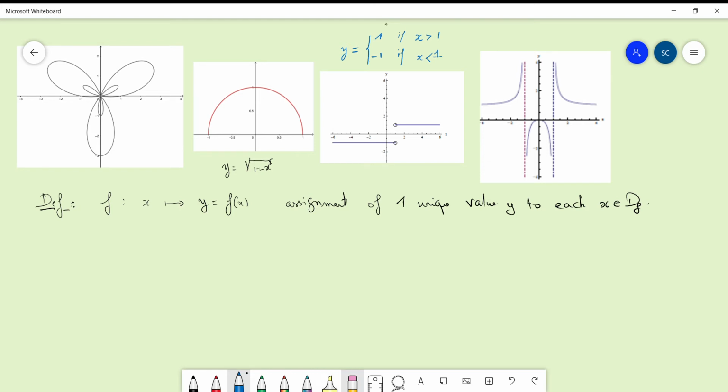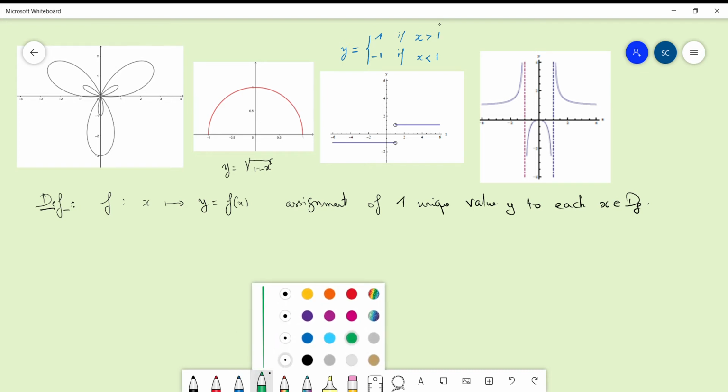So we see that here we have only a function also. There is an assignment for each x, one unique y. Here at 1, my function is not defined. Great. Now the last one, the fourth function.